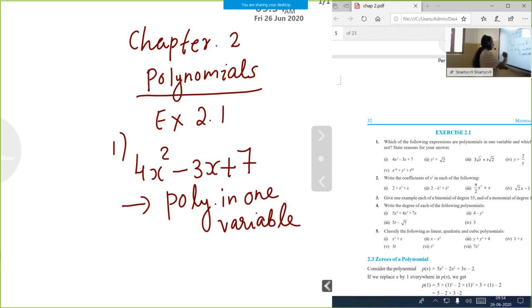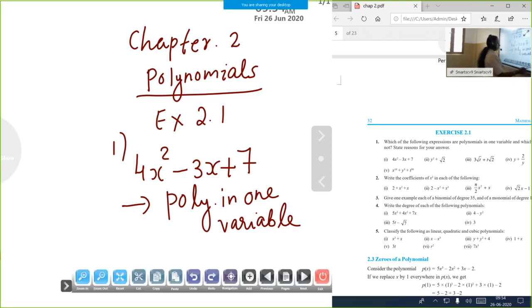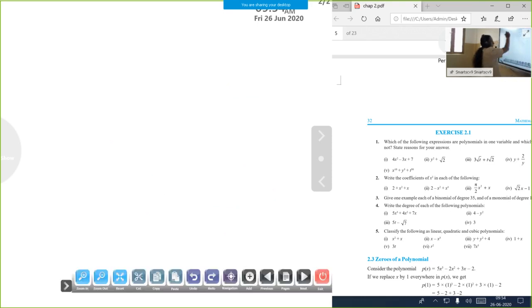Second expression: y square plus root 2. Here also the variable's power is a whole number. The variable is y and its power is a whole number. This root 2 is only a number, so no need to mention anything about that.